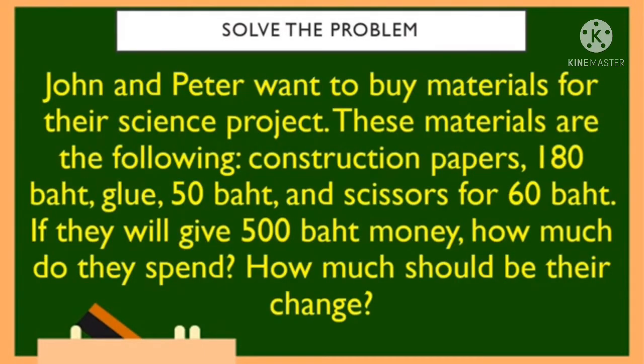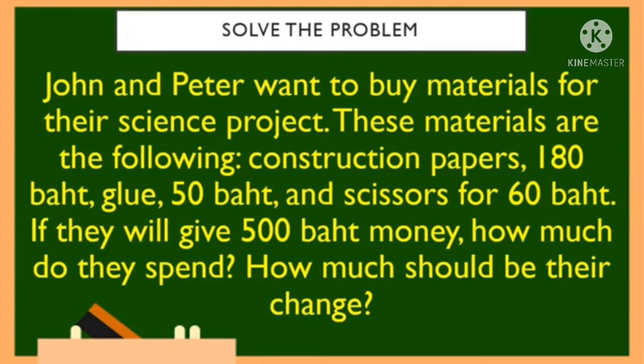I will read the problem twice, before we proceed to the main solution. John and Peter want to buy materials for their science project. These materials are the following. First material, we have the construction papers, worth 180 baht.